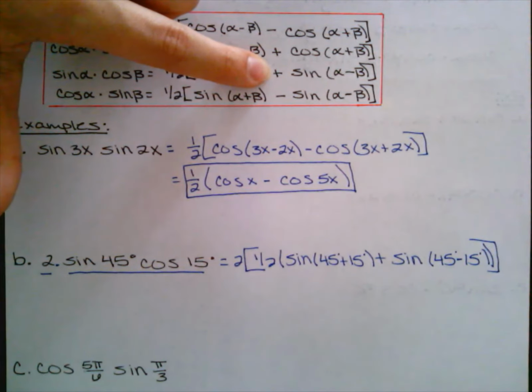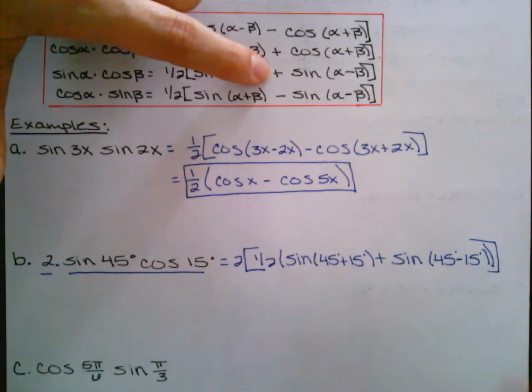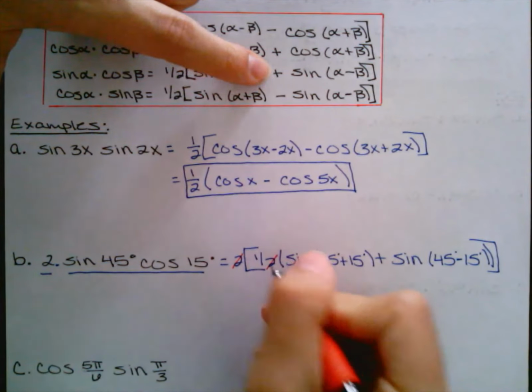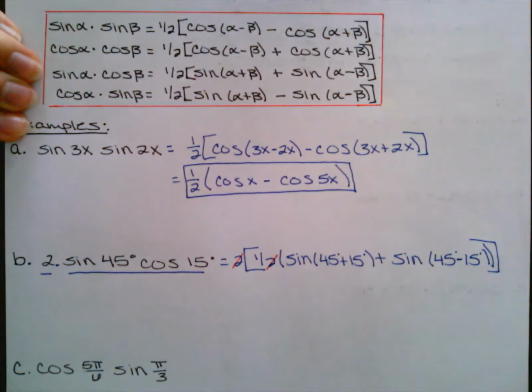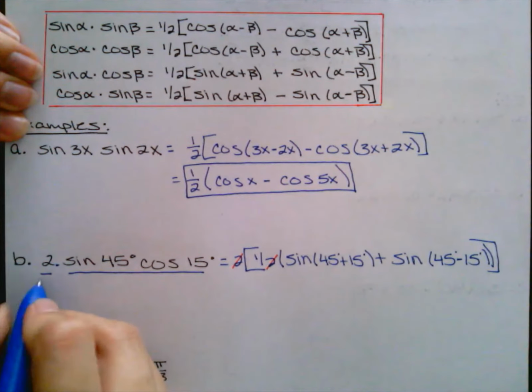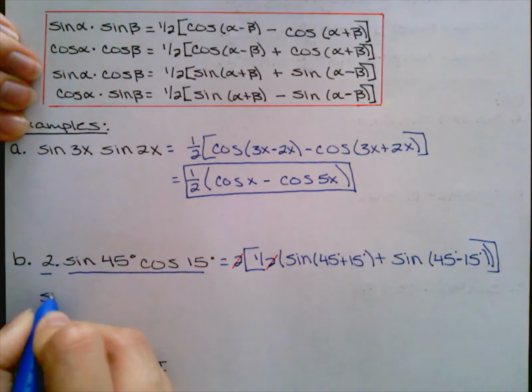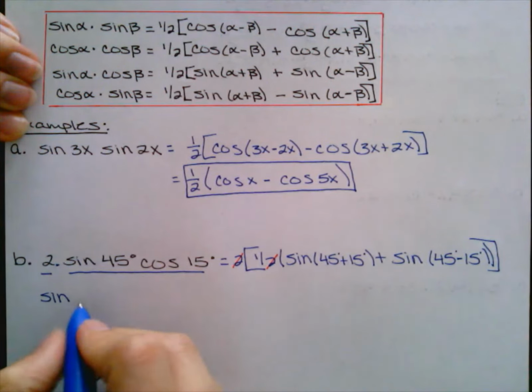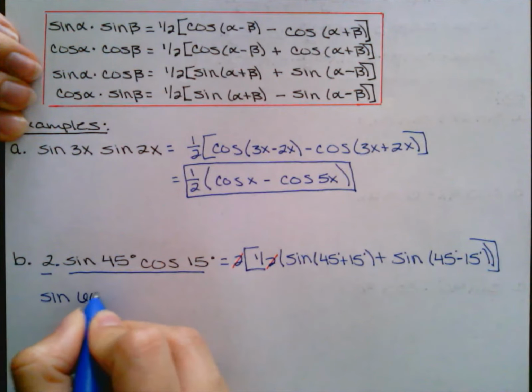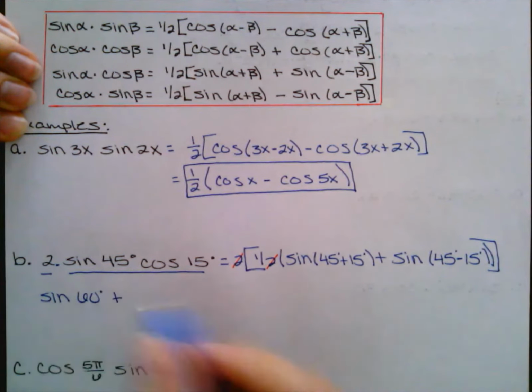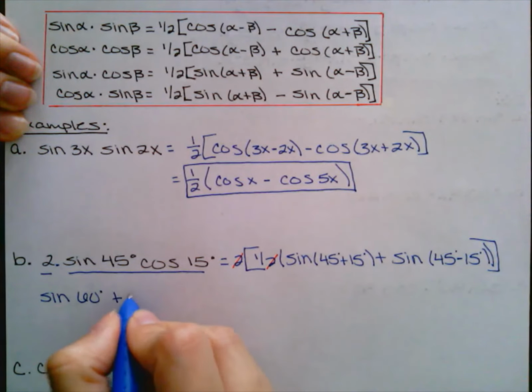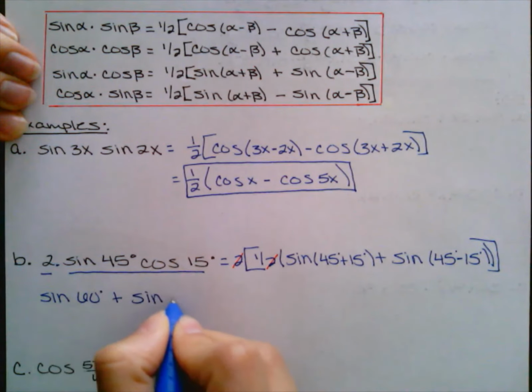Okay, so this 2 and this half are going to cancel out. Okay, then I'm gonna come down over here. I have sine of 45 plus 15, I have 60 degrees, plus 45 minus 15 is sine of 30 degrees.